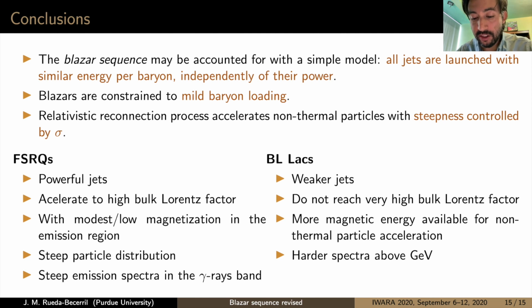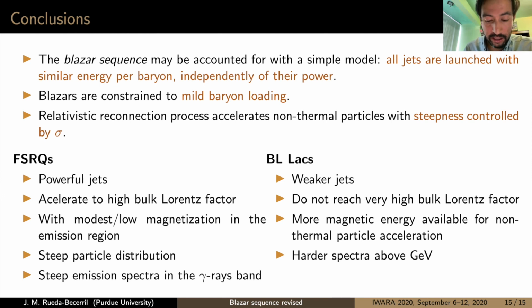Relativistic reconnection is a process that accelerates non-thermal particles with a steepness controlled by their magnetization, and this power law index will be translated into their spectral index in the high energy frequencies.